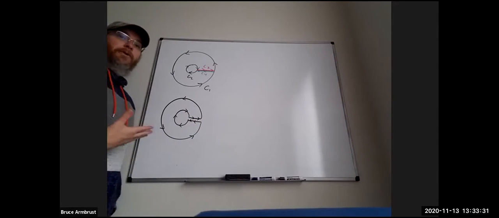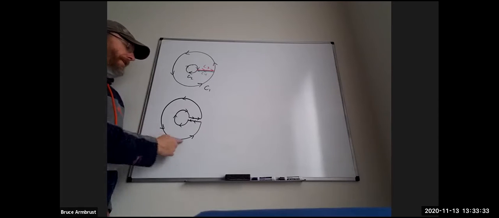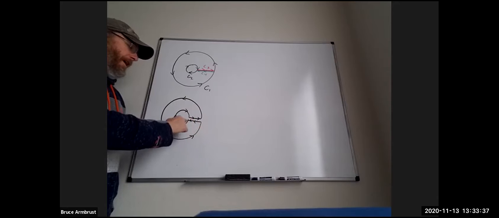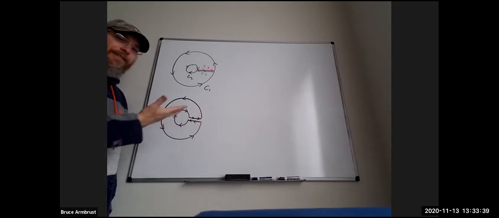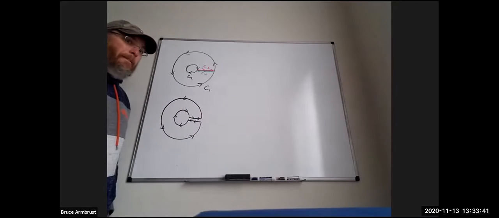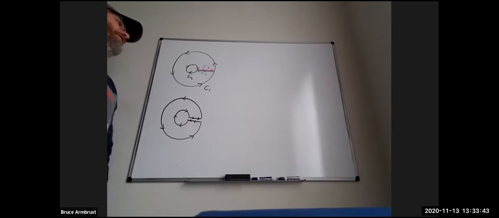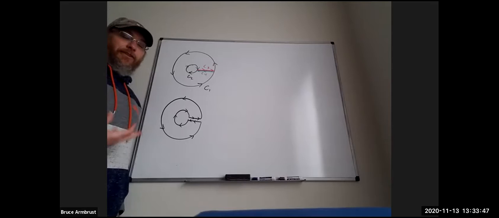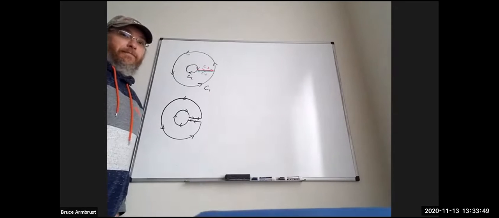If you look at what we're doing on the boundary now, on the entirety of the boundary, we're moving in a counterclockwise direction. So you can play tricks like this and still make it so that you can apply Green's theorem.